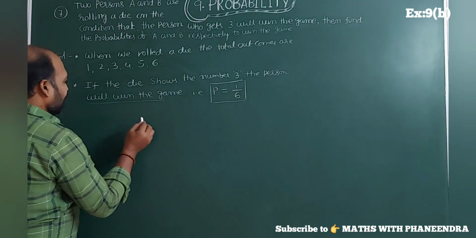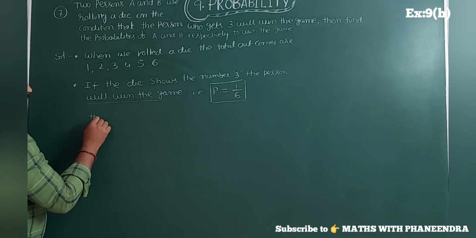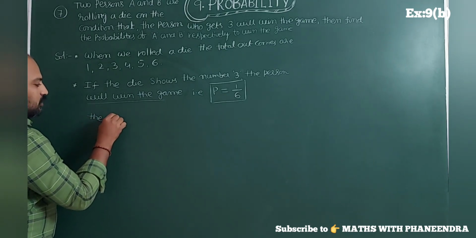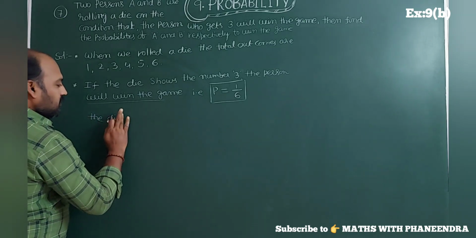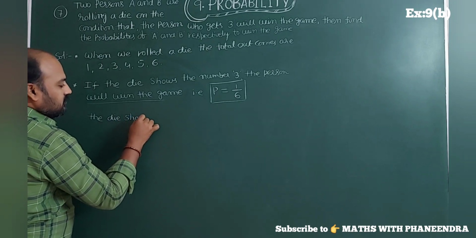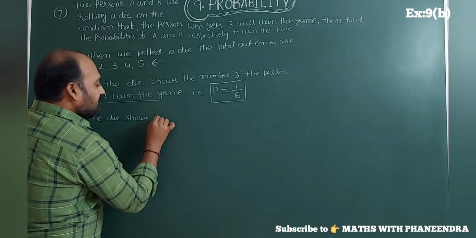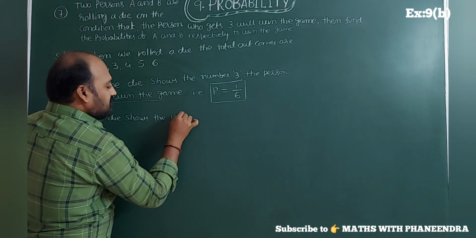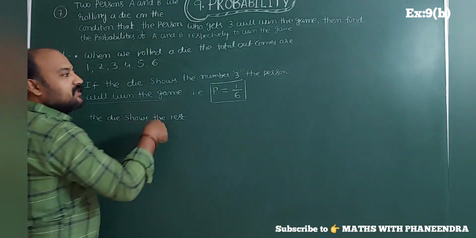So the die shows the rest of the numbers, the rest means the rest of the numbers.